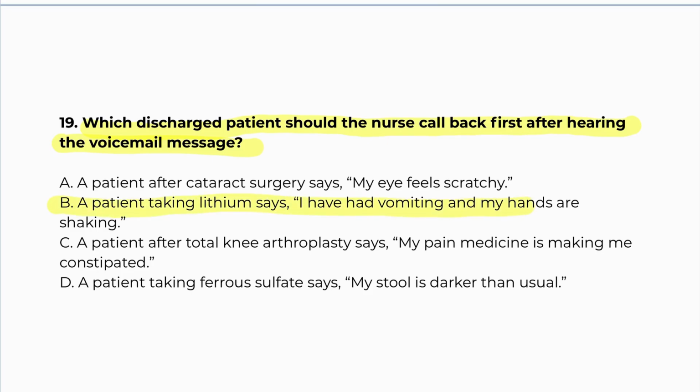B is the correct answer because it's giving us lithium toxicity, right? So why is A incorrect? That would be a little bit scratchy after surgery. It's an expected potential finding.